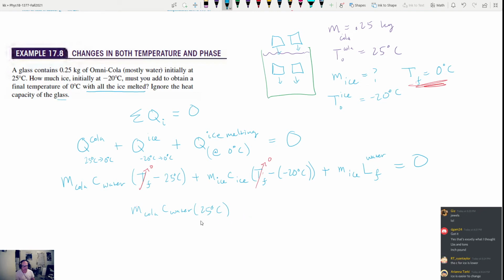And then we'll divide by C ice times 20, because negative negative will be positive. And we'll also divide by the latent heat of fusion for water. And this should all be equal to the mass of the ice. Tell me if that looks right to you all, if you do the algebra yourself.